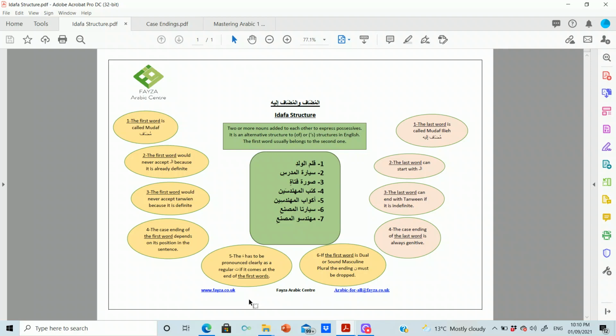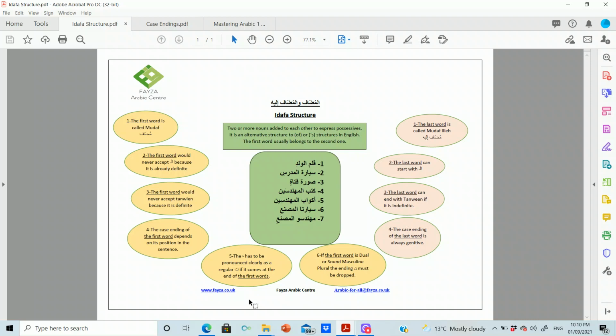Finally, the sixth yellow circle here has to do with what if the first word of this structure comes as dual or sound masculine plural, in which cases both of them are ending with a noon.